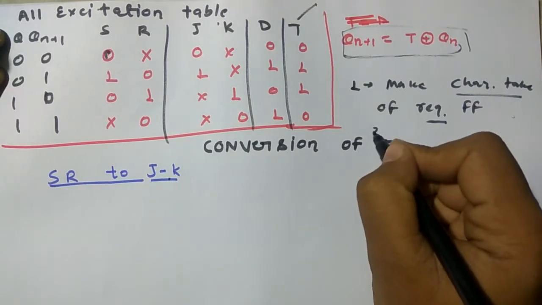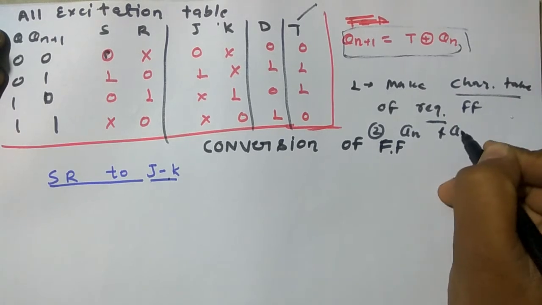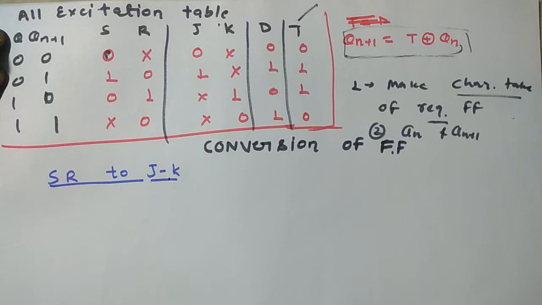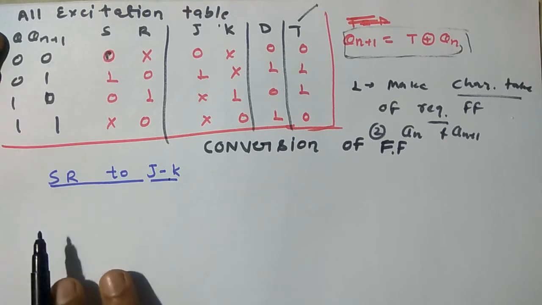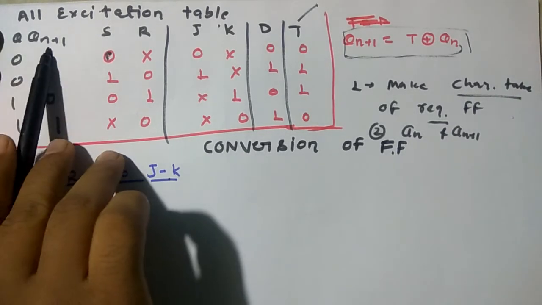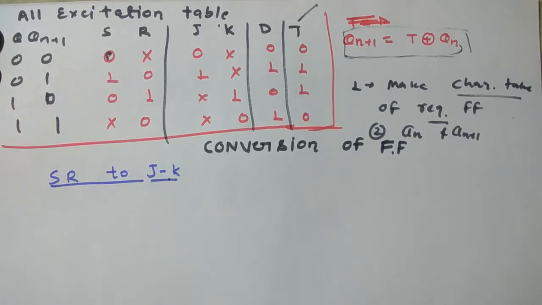And what is the second step? On the basis of Qn and Qn plus 1, we will make the excitation table of whatever flip-flop we have. So we will get the characteristic table, and on the basis of Qn and Qn plus 1, we will make this excitation table, and then we will solve it.